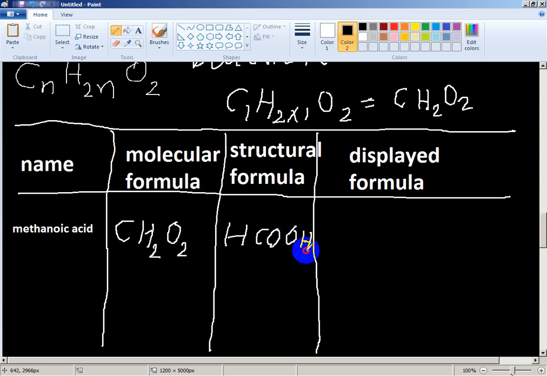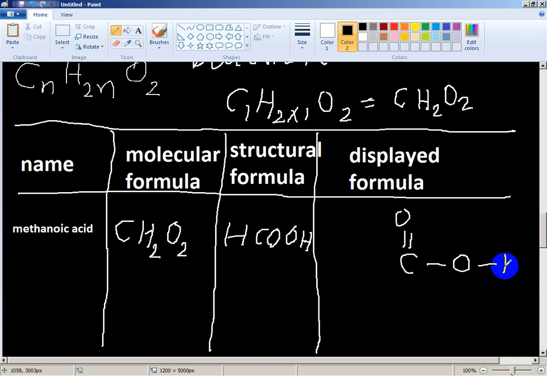Okay, one hydrogen, this H. And the displayed formula is, at first you write this way: carbon here, this carbon double bond oxygen, and on another side this carbon with oxygen, the alcohol group OH.